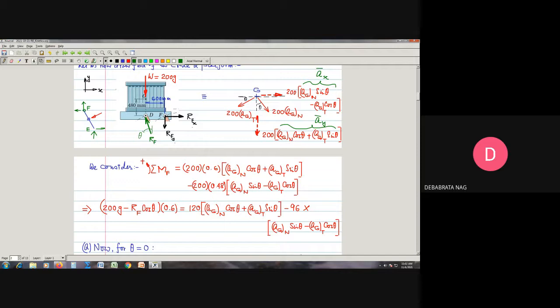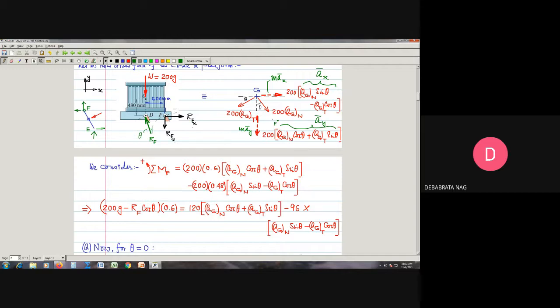If we take the moment of all these forces with respect to point F, that should be equal to the moment of this m a bar x and this m a bar y. That means m a bar x is acting this way and m a bar y is acting this way. So these two forces, m times a bar x and m times a bar y, we need to take their moments about the point F, where the point F is somewhere here.